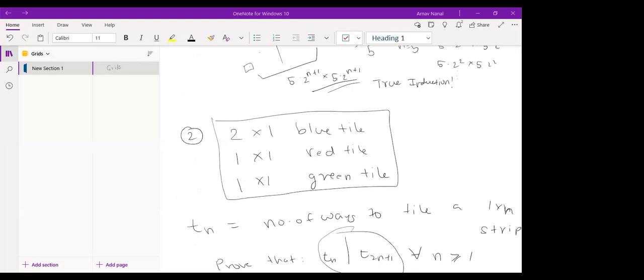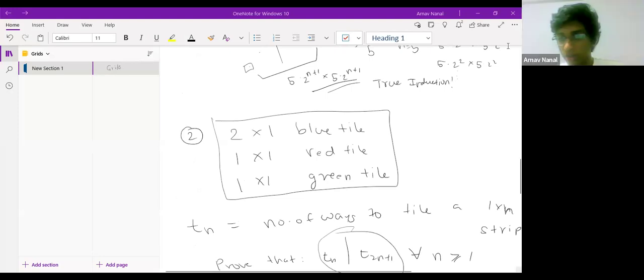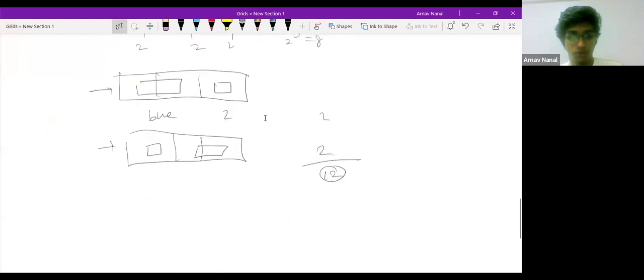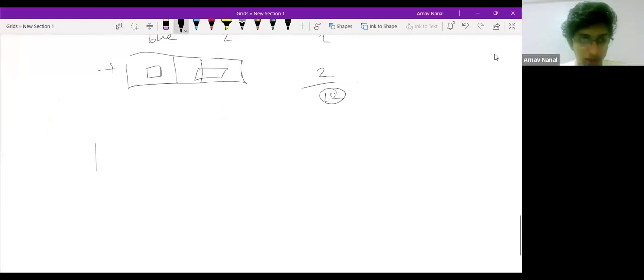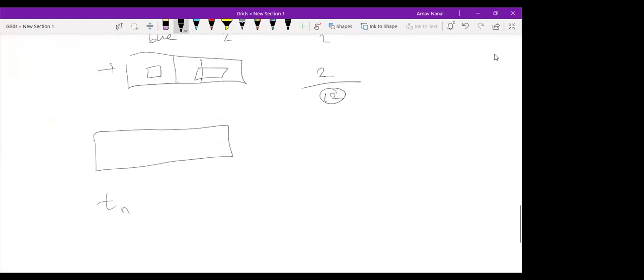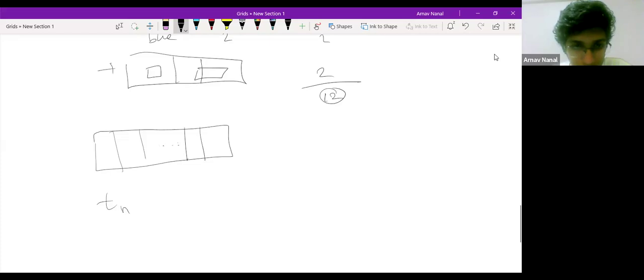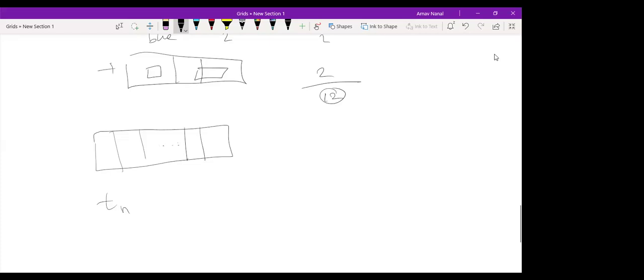I made a basic recursion for 1 by n. Okay. So the number of ways to make a 1 by n is T of n. Let's say blue is 2 blocks, red is 1 block, and green is also 1 block. The last block can be either red or green.